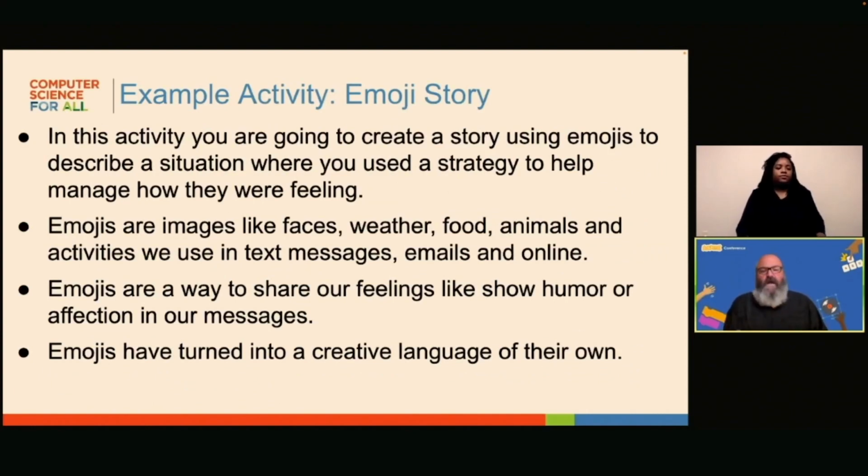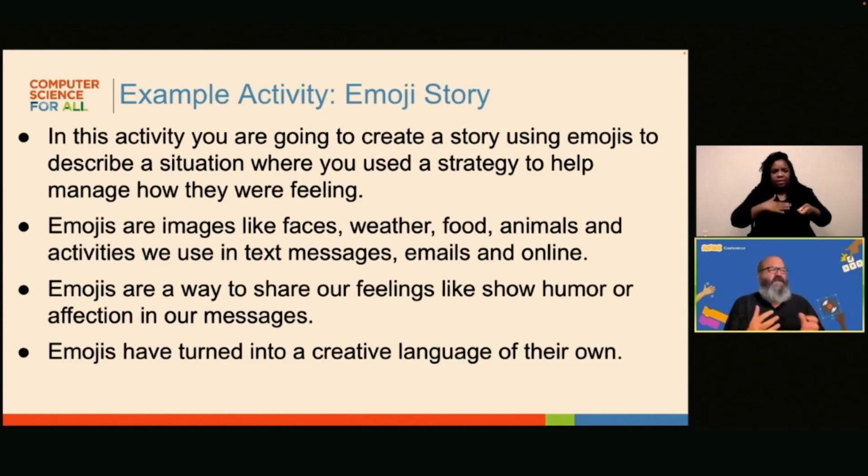So an example activity from this particular unit, unplugged, because we always talk about unplugged and online activities and the value of unplugged activities with computer science, is called emoji stories, and it's based off of a Hello Ruby activity. In this activity, students create a story using emojis to describe a situation where they use a strategy to help manage their own feelings.